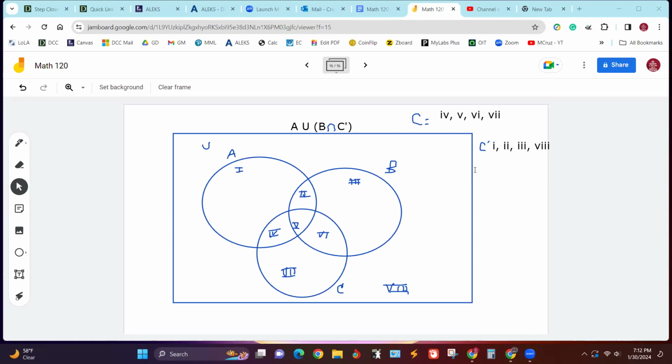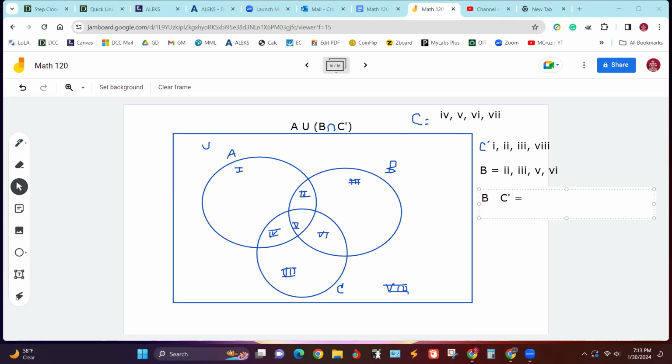So let's put here B. B is 2, 3, 5, 6. So 2, 3, 5, and 6 are inside of B. Now, this right here is the intersection between these two, and the intersection between these are 2 and 3.